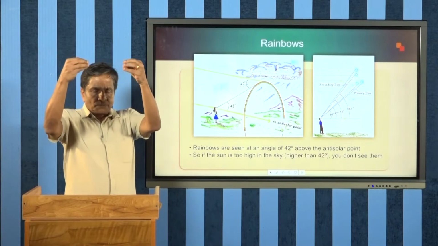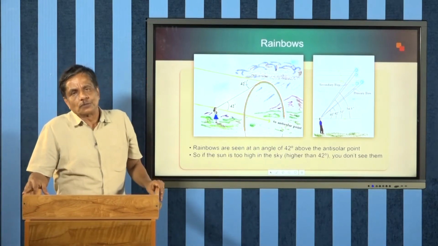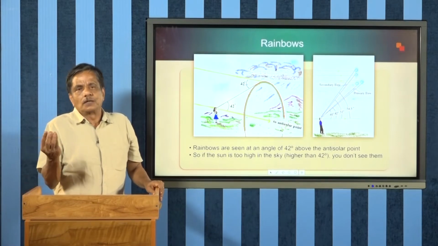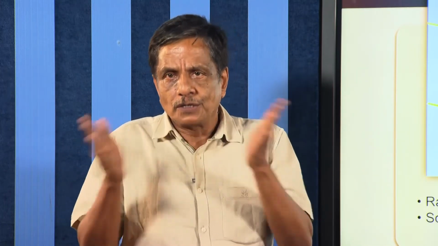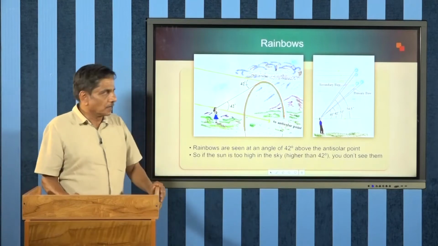Now, what happens is when raindrops are coming through the atmosphere, which are a denser and transparent medium, when sunlight is passing through it, it will be split into different colors due to dispersion, and this is the basic reason for observing rainbows in the sky.